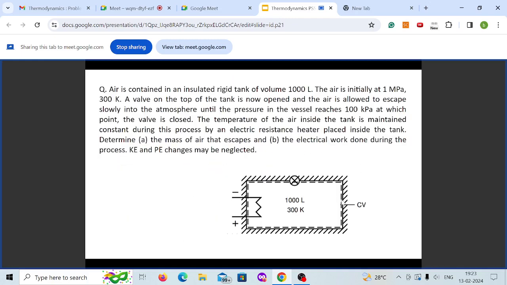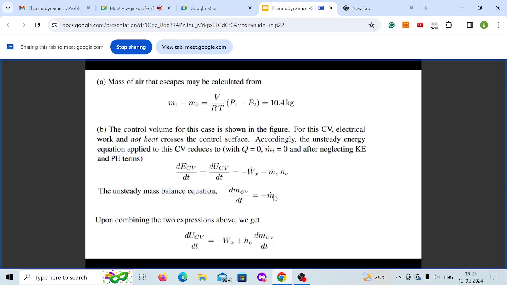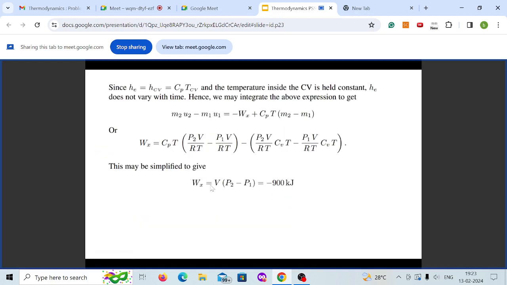Because this whole process is an isothermal process, a constant temperature process, so your work done is nothing but V into change in pressure. So we ended up, from the top all the way, at a simplified expression V into P2 minus P1. This will come out to be minus 900 kilojoules.